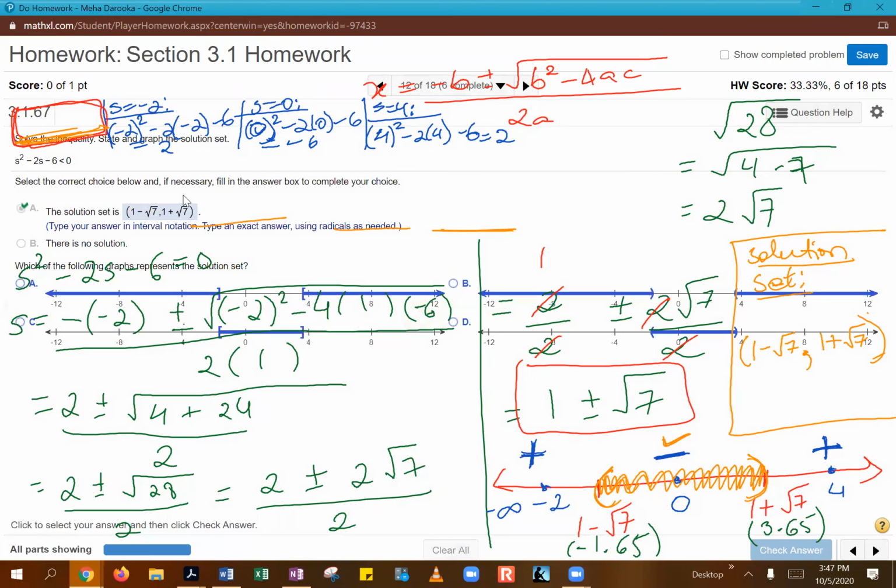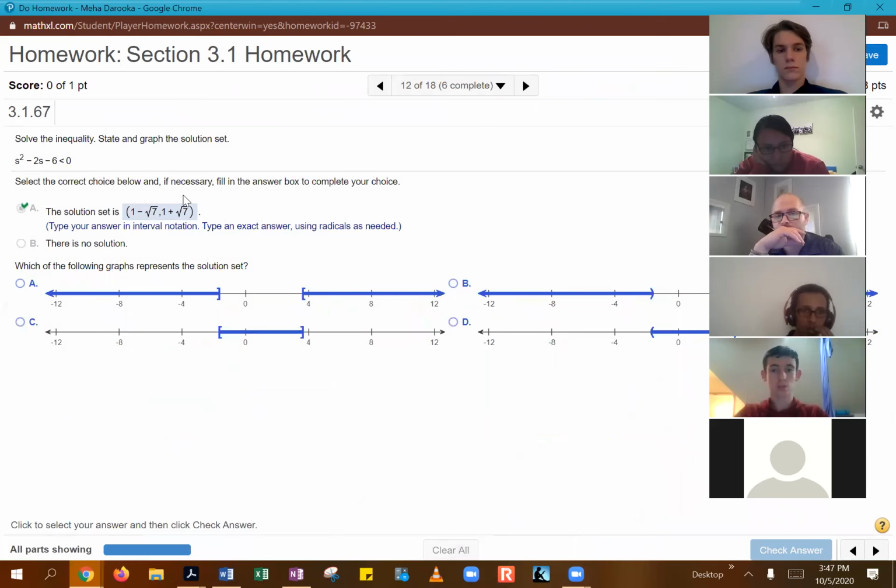Alrighty, very nice. Now, can you tell me, out of the 4 graphs, which one are you going with, A, B, C, or D? Okay, let me see. I got a bunch of answers and then my answers disappeared.